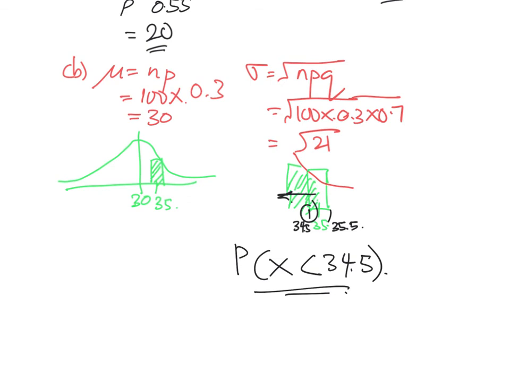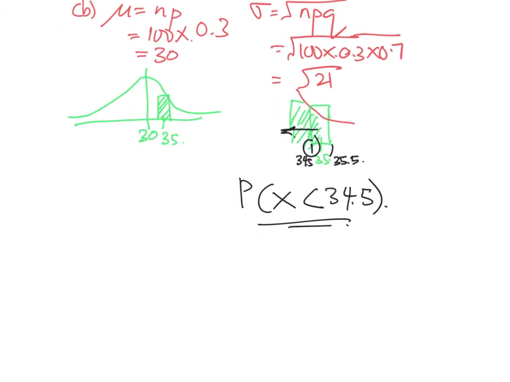So that's the x value that I'm going to use. Take the x value and find the z score: 34.5 minus 30, divided by the square root of 21, because that's the standard deviation. Now let's use the calculator to find the answer.